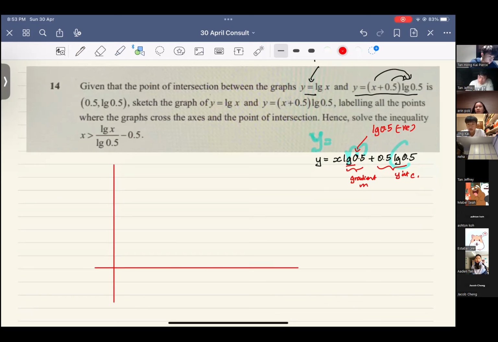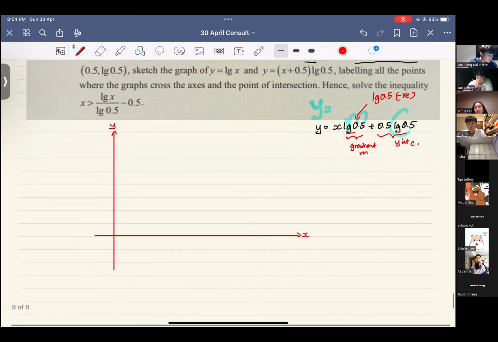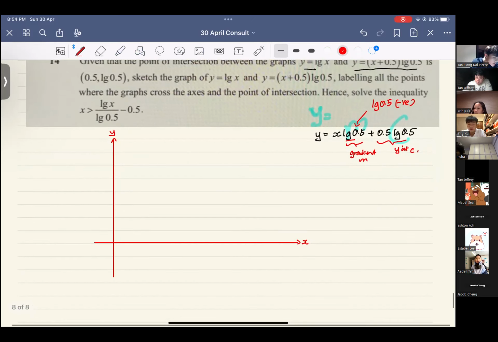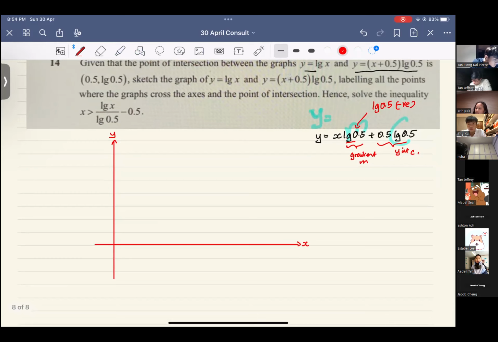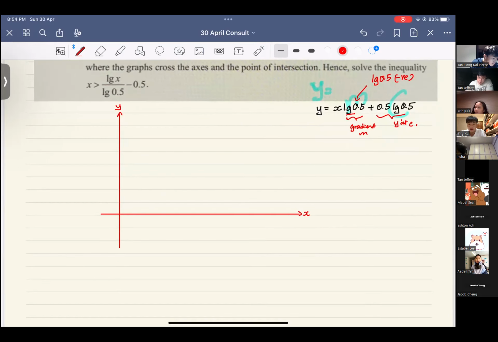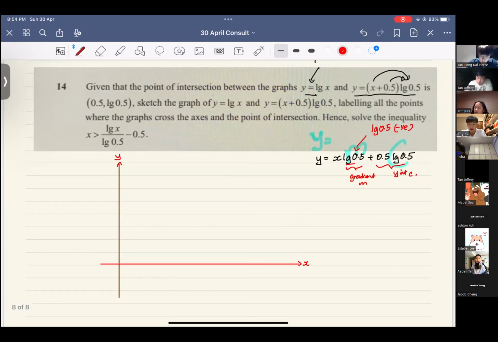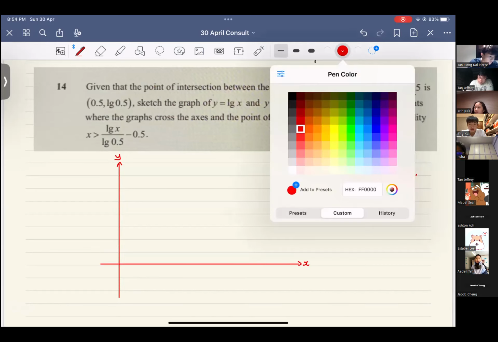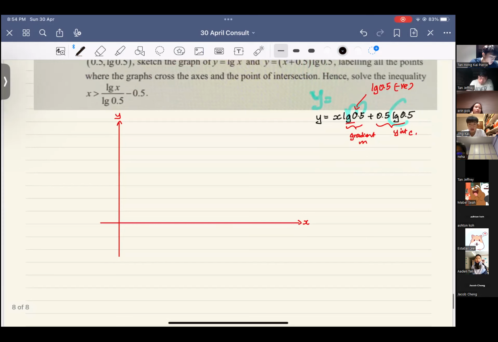I don't know how it looks like. I try my best. I forgot already. I did this a few days ago, and a few days later, I just forgot. So log 0.5 is downward sloping, and 0.5 log 0.5 is also negative. So this graph will probably go something like this. The y-intercept is also negative, and it's downward sloping, so it goes something like that.